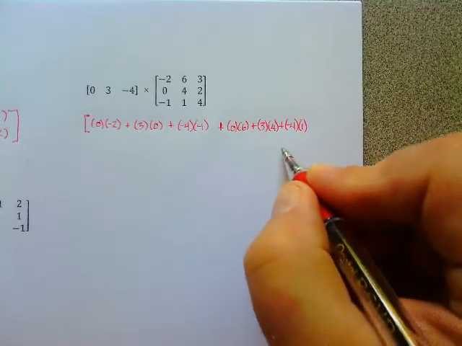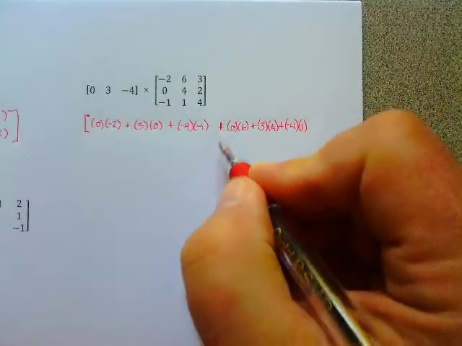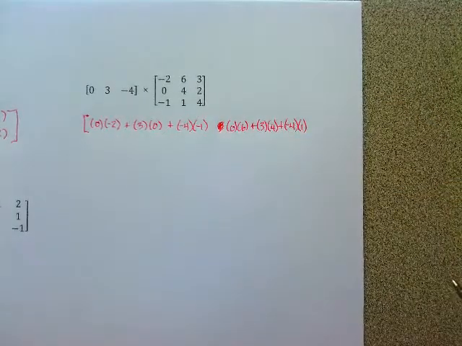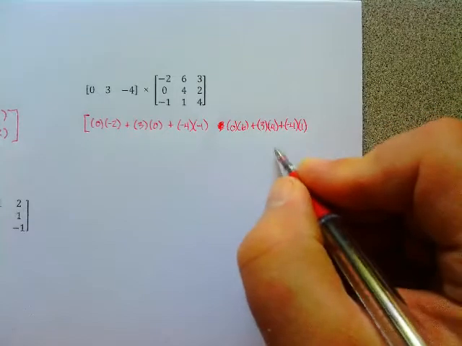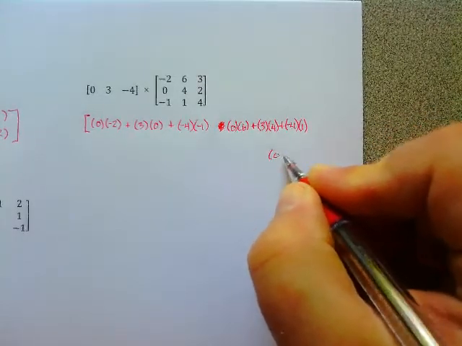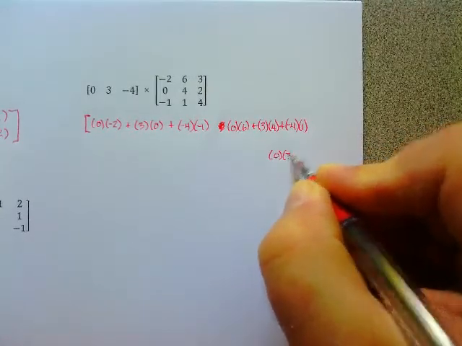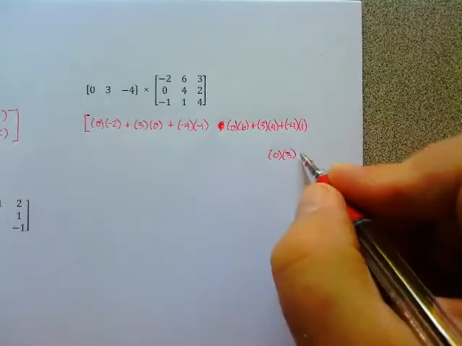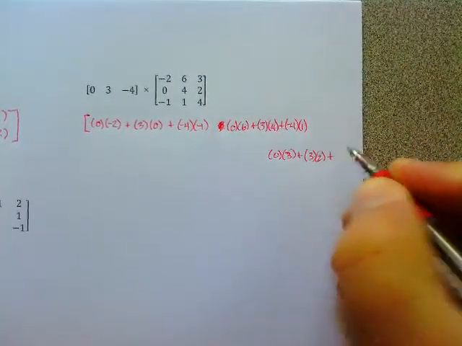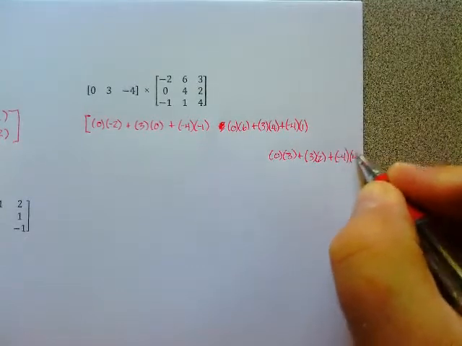And then there's nothing there. This is a separate element in our product. And then our last one, I'll put it down here. We're going to have 0 and 3, and 3's from over here, plus 3 and 2 and plus -4 and 4.